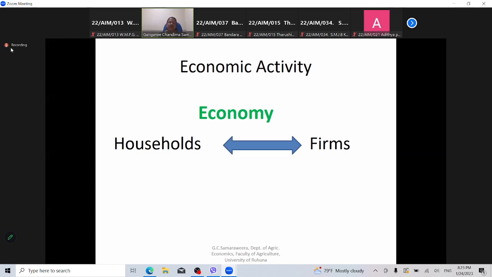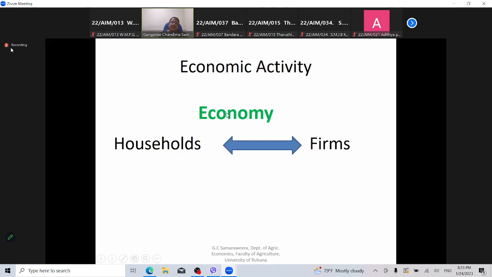So you need all these. That's why households and firms are continuously interacting. This is a two-way interaction. Households need firms. Firms need households. Why? Otherwise, they are not earning profits, because firms are producing things for the households.